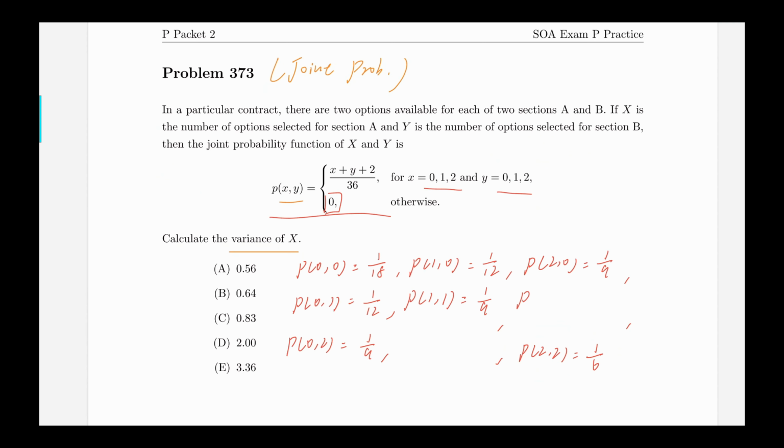And when x is 2 and y is 1, I want to make everything organized, I'm getting 5 over 36, which cannot be simplified. And I'm going to do the same thing here.